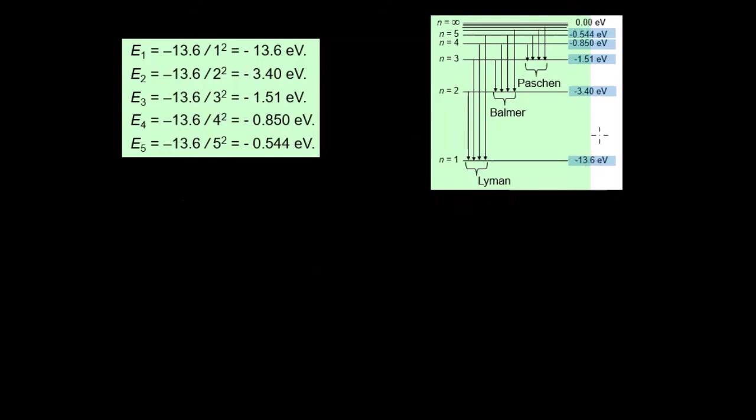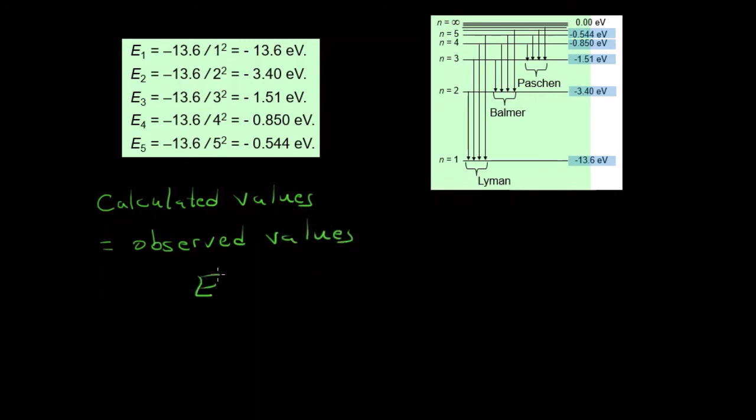You look at these as you go to the different levels, n1 through n5, and you see that they match perfectly. So this is very significant. The calculated values equal the observed values exactly.